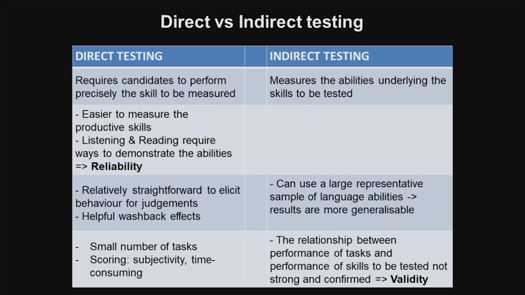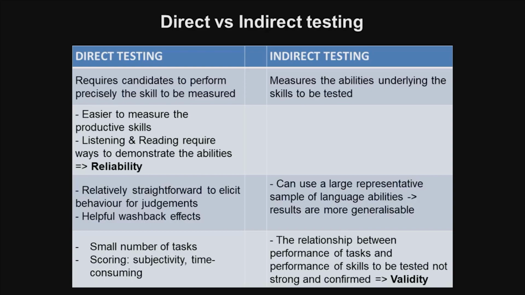But for the receptive skills, such as listening and reading, it's more difficult. Do you know why? Why is it not so easy to directly assess a student's listening and reading abilities?